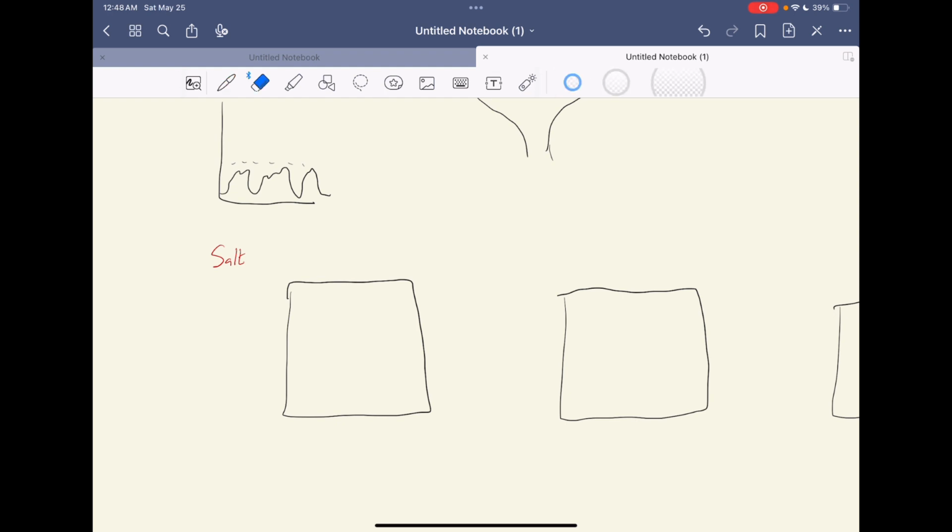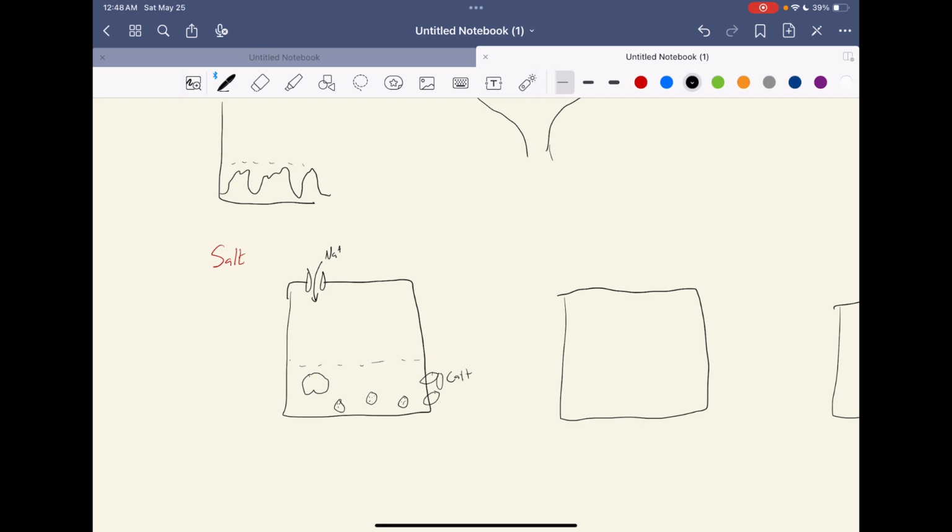In the salt taste cell, there is a channel here, and they are called ENaC channels. And this will allow sodium to come into the cell. And like I said before, there's a sarcoplasmic reticulum and a bunch of vesicles of neurotransmitters already down here with a voltage-gated calcium channel here.